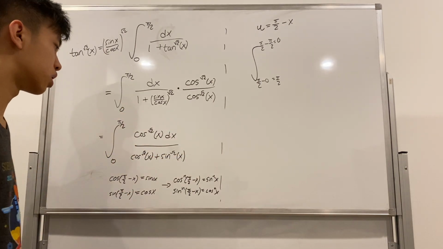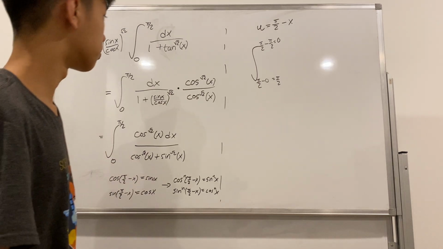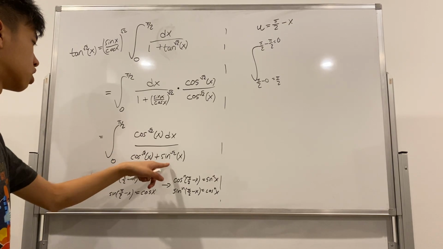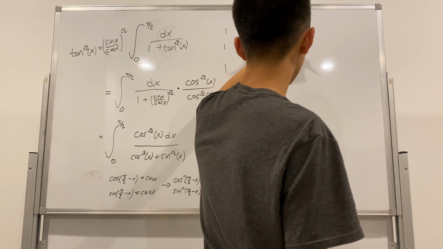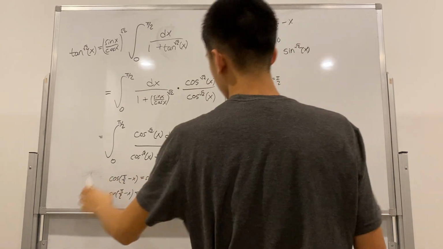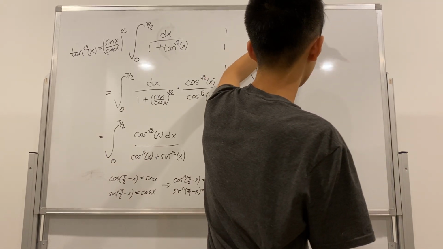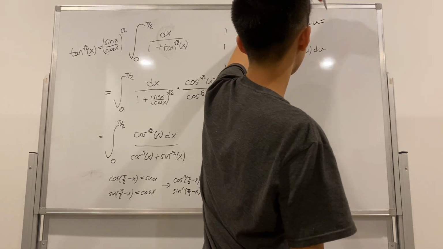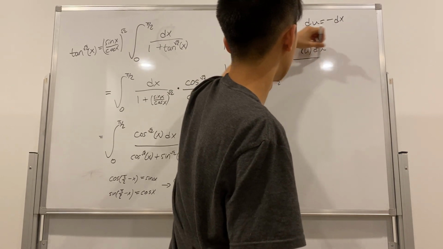This works because we're just raising equal numbers to the same exponent. So we can change any cosine into sine and any sine into cosine. So let's do that. We get sine to the square root of 2 of u du, because remember du is equal to negative dx, so we actually have a negative up here.